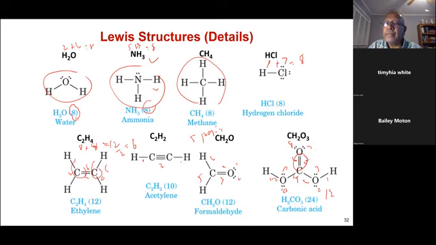How many lone pairs? 6. There are 6 lone pairs. So these are the questions we ask. How many bonding electron pairs? How many carbon-oxygen bonds? Carbon-oxygen single bonds, 2. Carbon-oxygen double bond, 1.